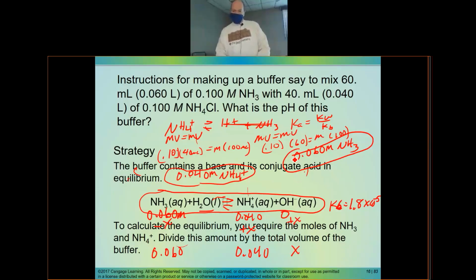All right, so we have our setup. We have our 0.040 times X divided by 0.060. And that is equal to 1.8 times 10 to the minus 5. So that is 1.5 more than that.